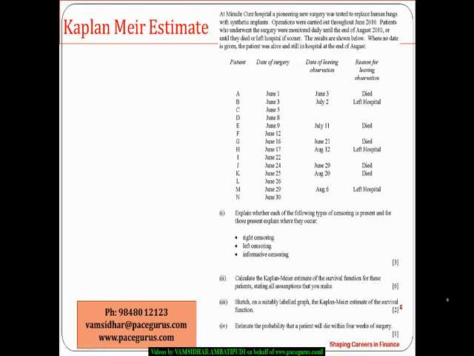Now let's look at a numerical concerning the Kaplan-Meier estimate again. This again involves calculating the survival function. We know that the Kaplan-Meier estimate as well as the Nelson-Aalen estimate are both measures to compute the survival function.